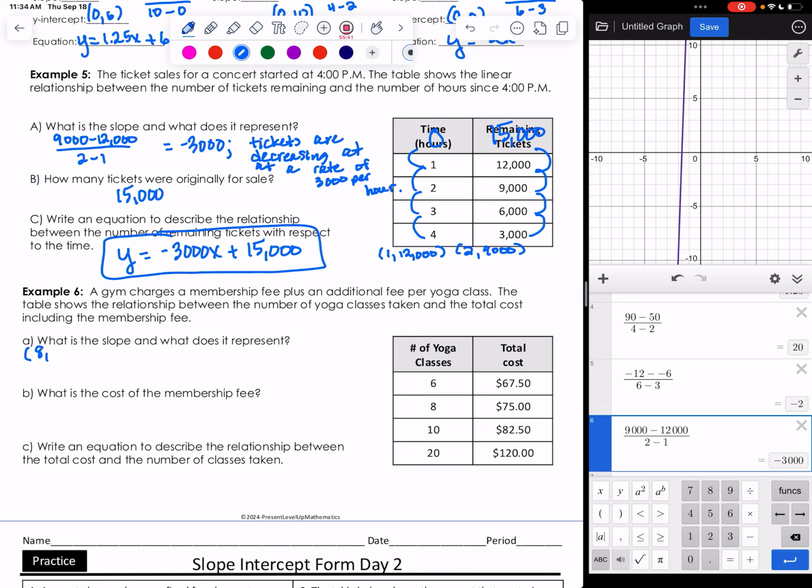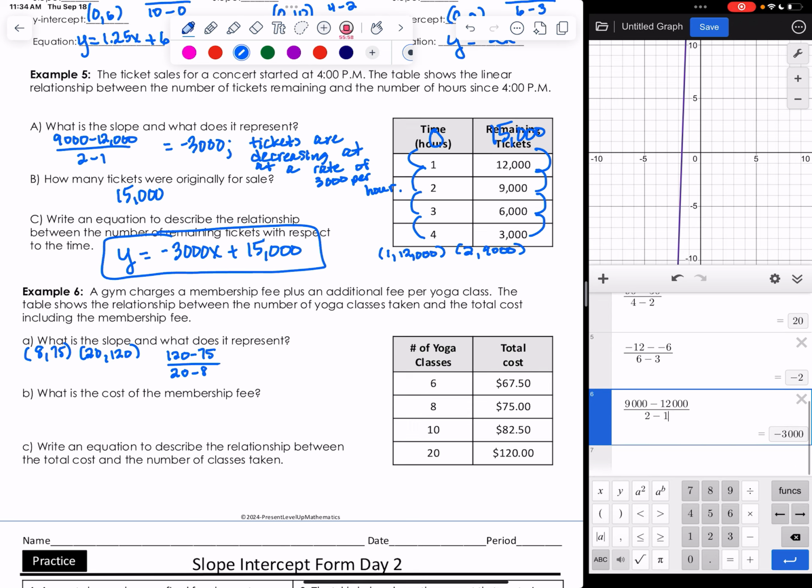I'm going to use (8, 75) and (20, 120). So if I use my slope formula, we would do 120 minus 75 over 20 minus 8. Now let's put that into Desmos.